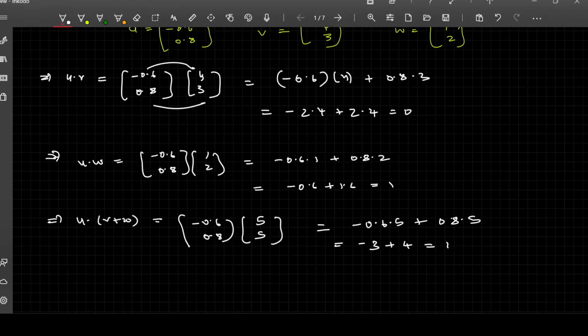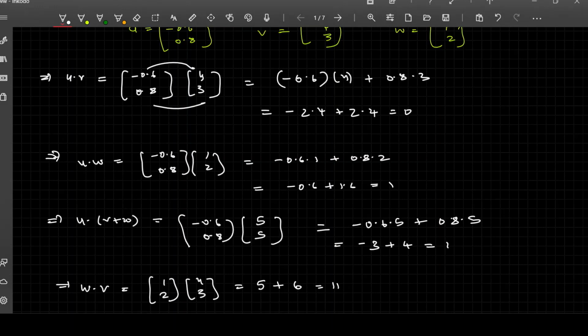And the next part is W and V, the dot product of W and V. What is the W vector? It's 1, 2, and the V vector is 4, 3. Again the same thing: 4 into 1 plus 2 into 3, that is 6. So that's 11.